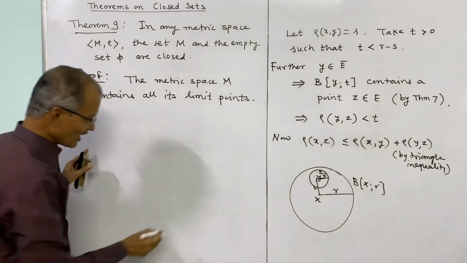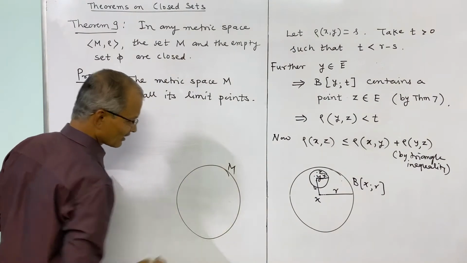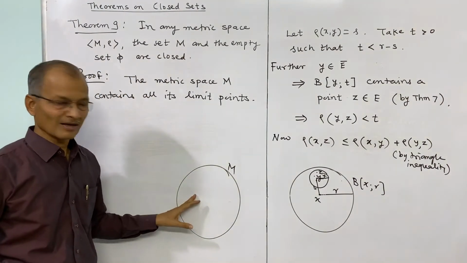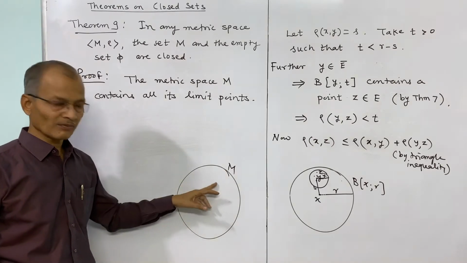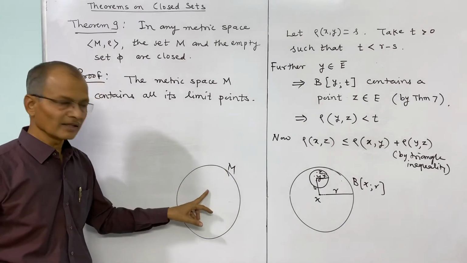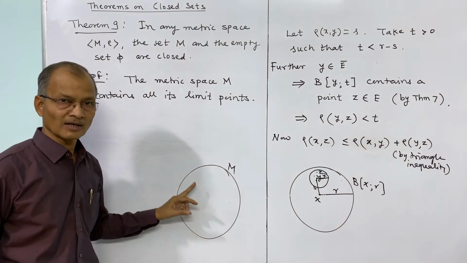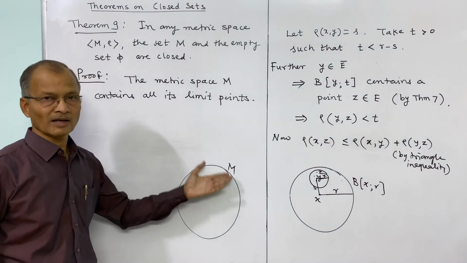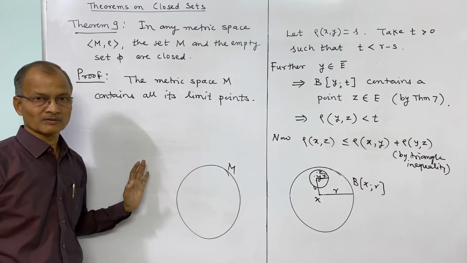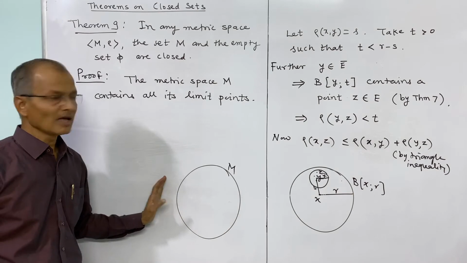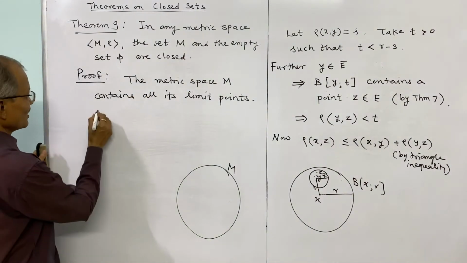Because we are considering the points inside M only, any sequence is considered as a point in M. Or if you consider a subset E of M, and a sequence of points of E that converges to a point x in M, then M contains all its limit points. No point outside M is considered, and thus the metric space M contains all its limit points.